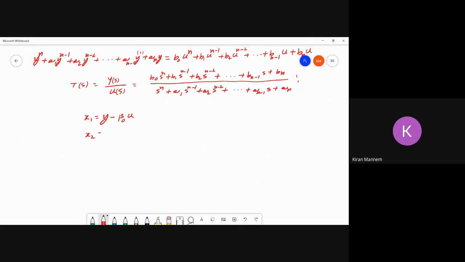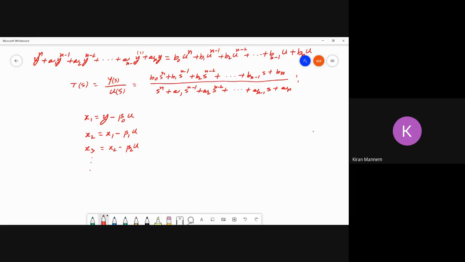And the second variable is x2 is equal to x1 minus beta 1 into u. x3 is equal to x2 minus beta 2 into u.